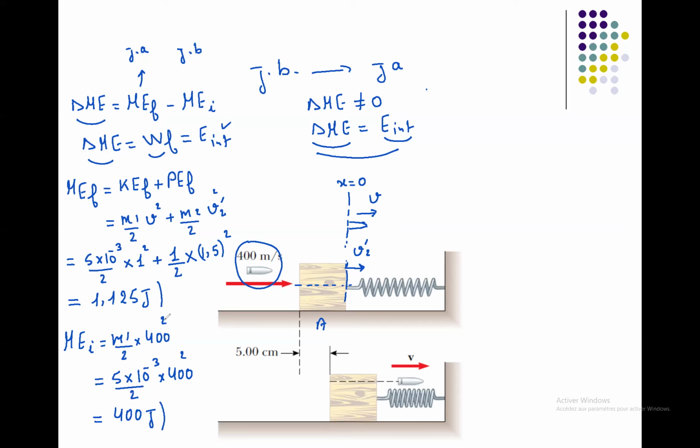The difference is we lost the difference as internal energy. So delta mechanical equals the internal equals to 400 minus 1.125.